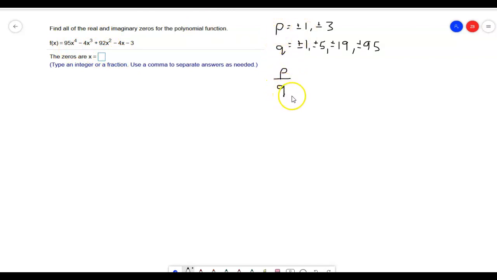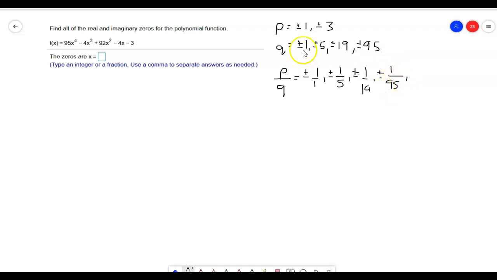I'll start with this one. So plus or minus 1 over 1, plus or minus 1 over 5, plus or minus 1 over 19, plus or minus 1 over 95.